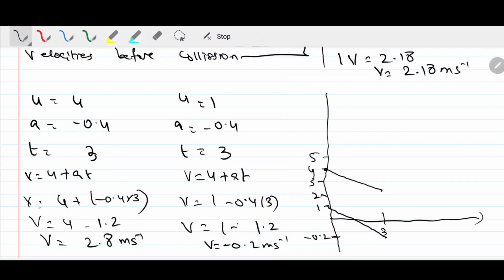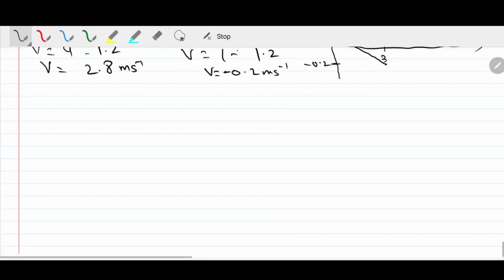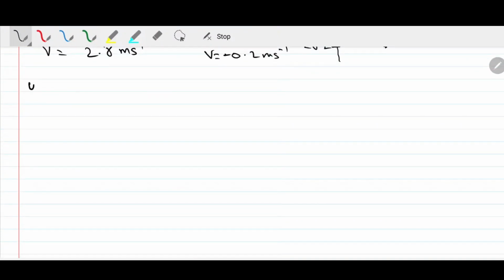Calculate the distance between the two particles at the instant when they are projected. In order to calculate this, we have the initial velocities of both particles, 4 and 1. We have deceleration minus 0.4.